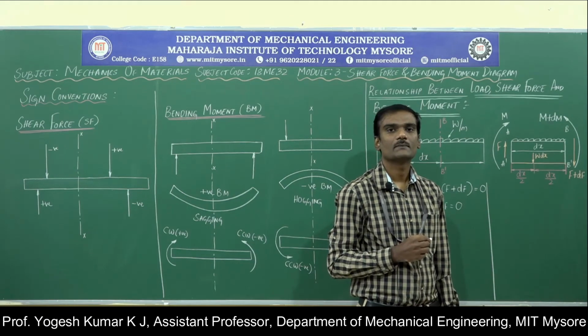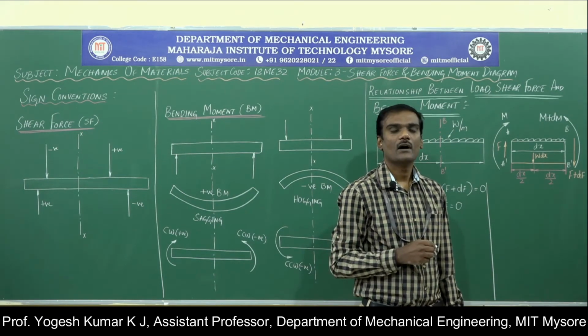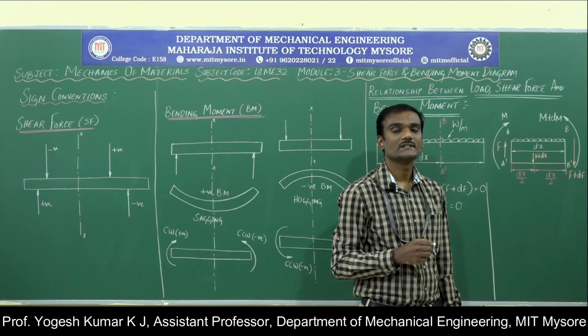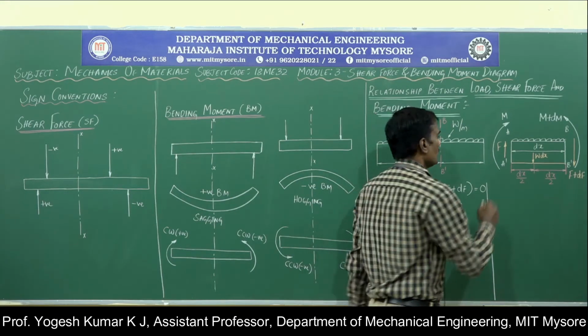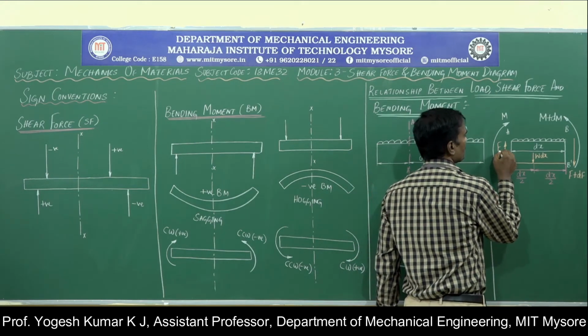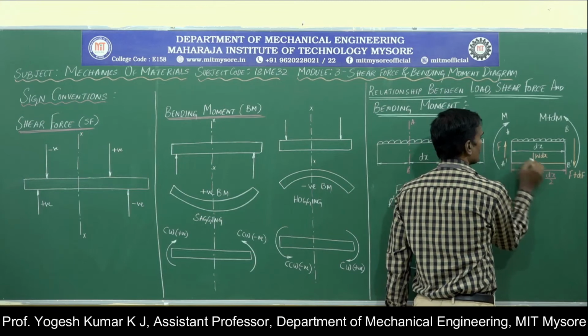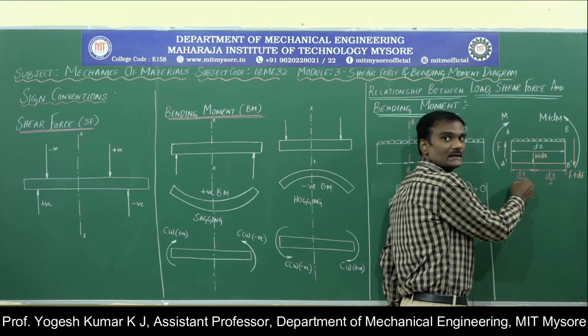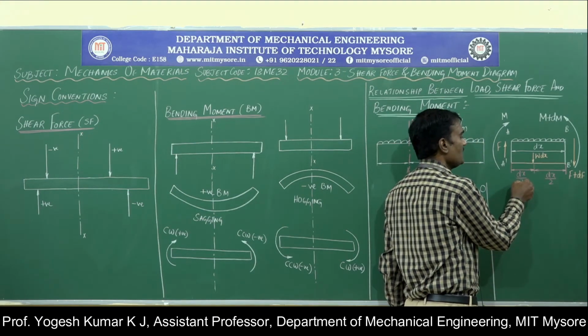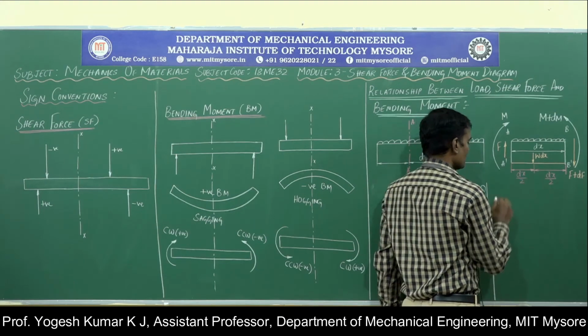Sum of all the algebraic moments about the center of the beam should be equal to 0. What is the moment? Force into perpendicular distance. For example, what is the perpendicular distance from A dash to the center? It is dx by 2.